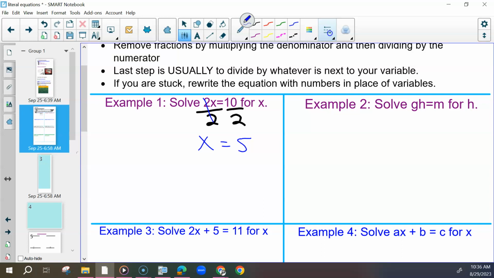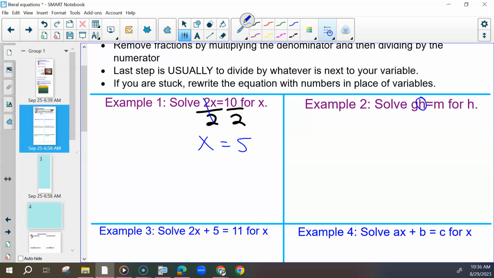But for example 2, we just have variables. We are solving for a specific variable, the h. We're trying to get h by itself. How would we do that? Think about what we just did. How could we do something similar for example 2?